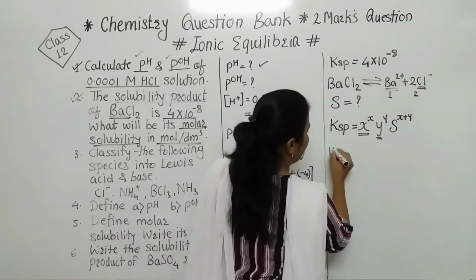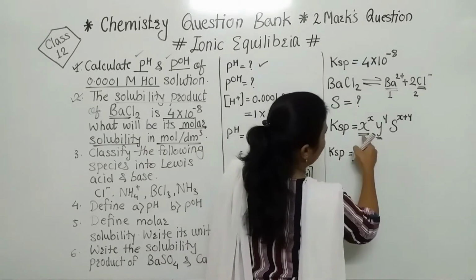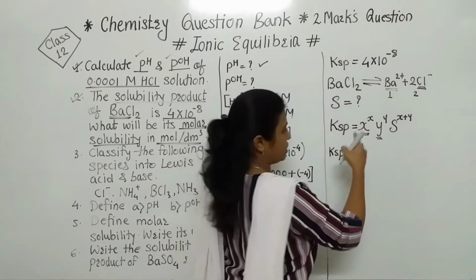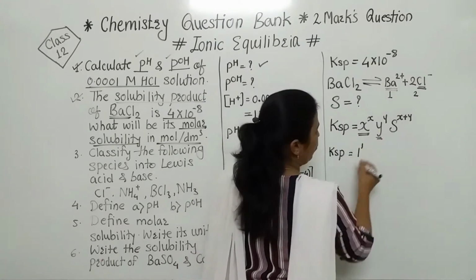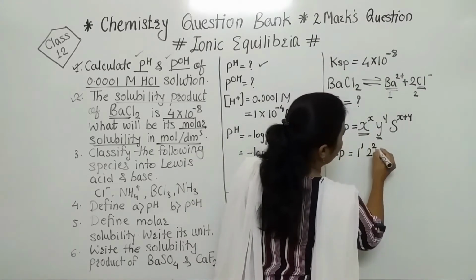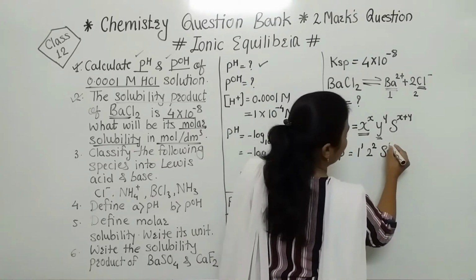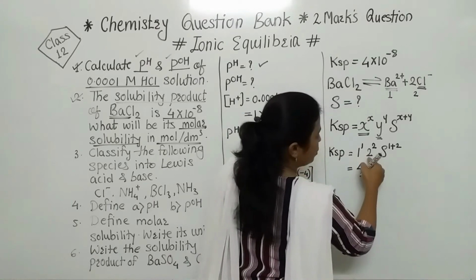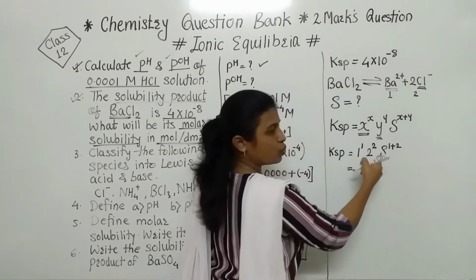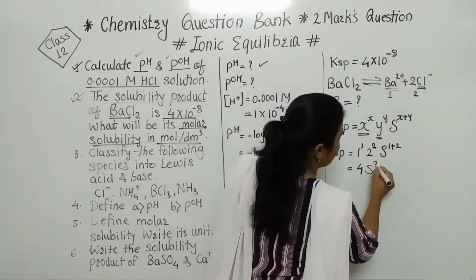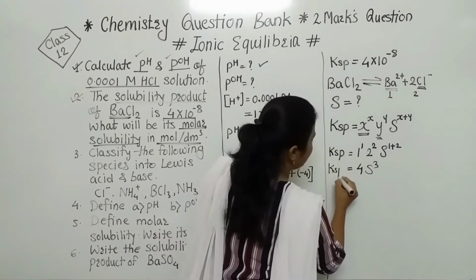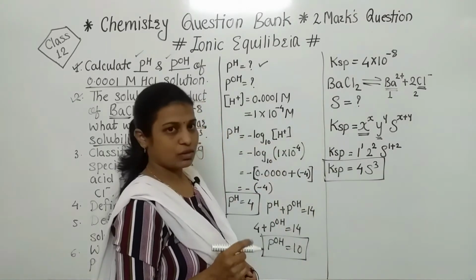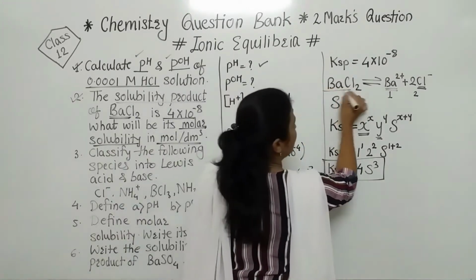So simply Ksp is equal to 1 raised to power 1, because x raised to power x is there, so 1 raised to power 1, y is 2 raised to power 2, and s raised to 1 plus 2. After simplification, 2 power 2 means the square of 2 is 4, s raised to cube. So here we got the relationship between Ksp and molar solubility for this BaCl2.